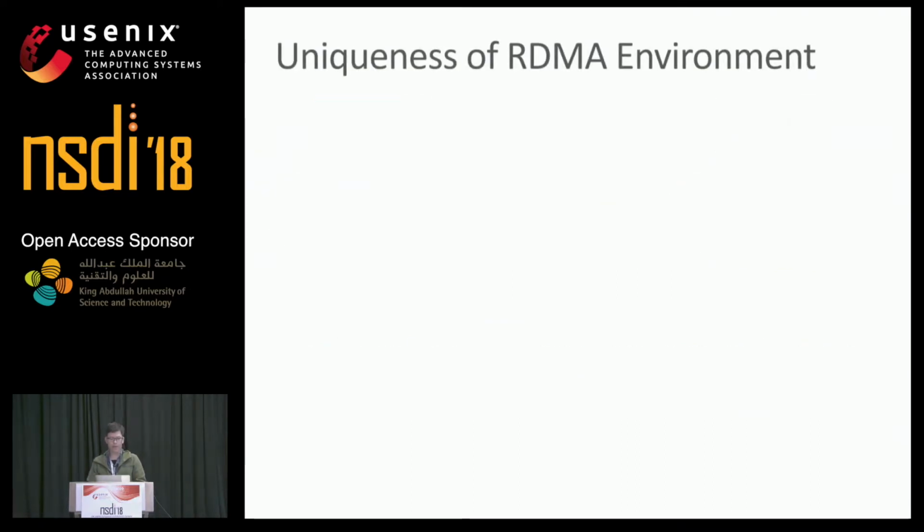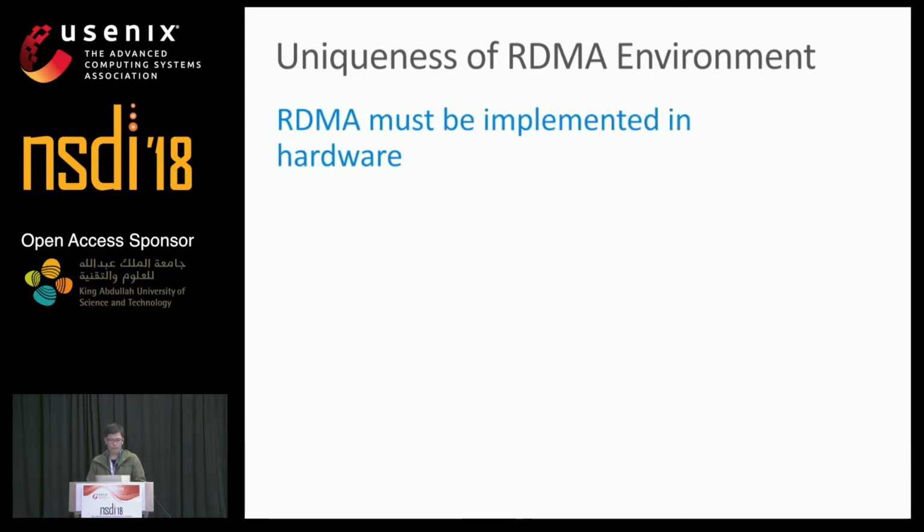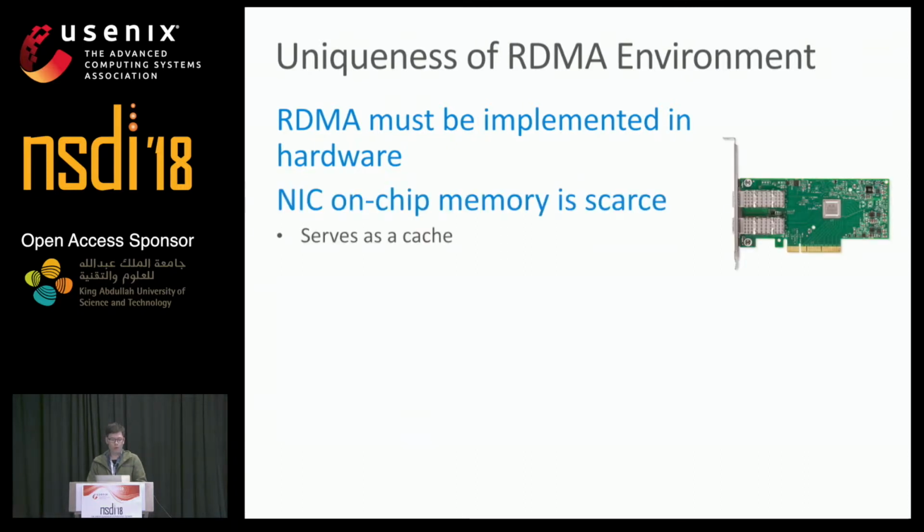The RDMA environment is quite unique compared with the TCP environment, so we cannot adopt the multipath TCP solution directly. The main uniqueness is that RDMA must be implemented in hardware, and hardware on-chip memory is very scarce, so it usually serves as a cache.